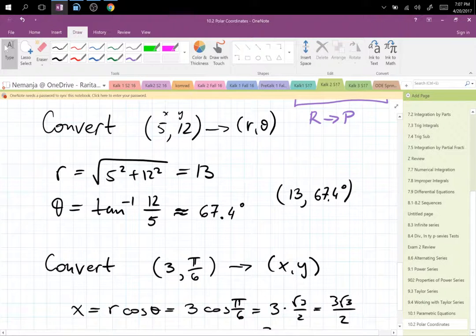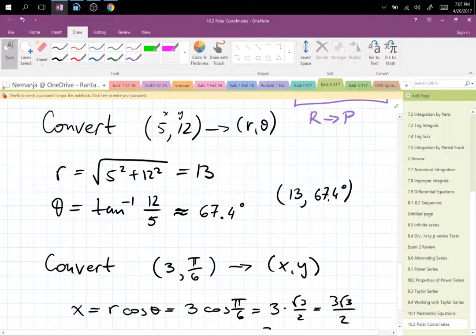I know that 5, 12, 13 is a Pythagorean triplet, so I know that it's going to work out to be 13. But if you pick any two numbers here that are easy to graph on the xy plane, chances are that you are going to end up with some horrible decimal there, right? For both numbers. So what's beautiful in one is going to be ugly in the other one.